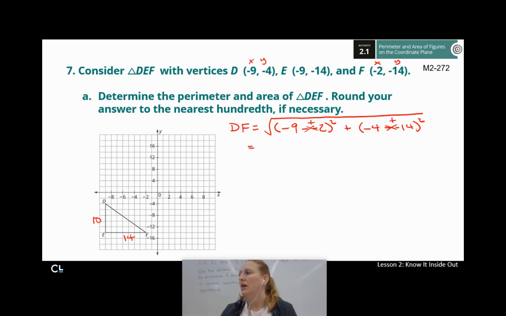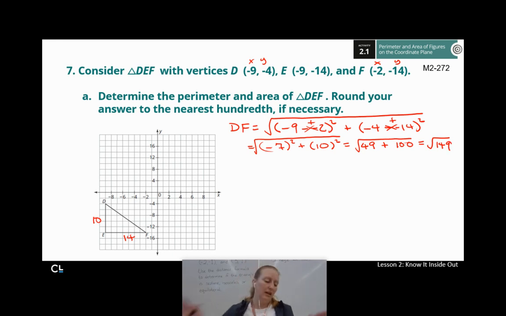And let's see, -9 plus 2 is -7. -4 plus 14 becomes 10. -7 squared is 49, because a -7 times a -7 is a positive 49, and 10 times 10 is 100. So it looks like I have the square root of 149.